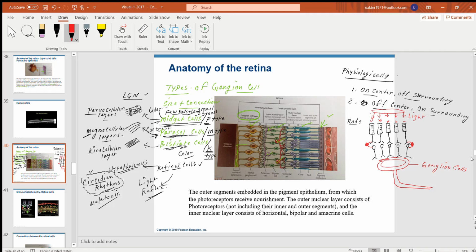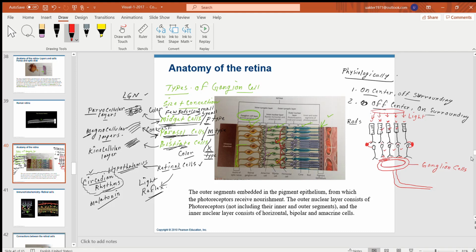Okay, good. So now when the light will excite these 3 rods, that will activate all these bipolar cells and will release neurotransmitter glutamate here, and that will excite the ganglion cell.